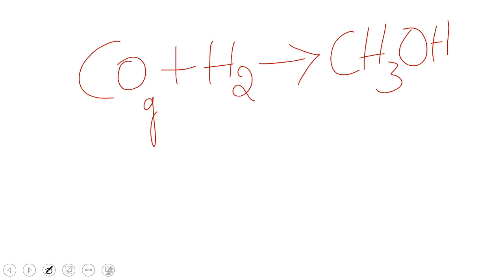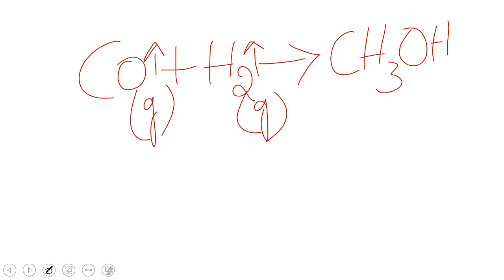Carbon monoxide is a gas and even hydrogen is a gas. I said always gas should be shown with the help of an upward direction arrow mark, and methyl alcohol is a liquid, right? So, is the reaction a balanced reaction or not? Let's discuss.